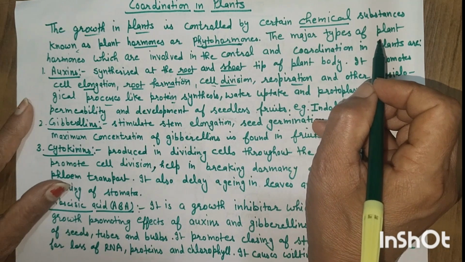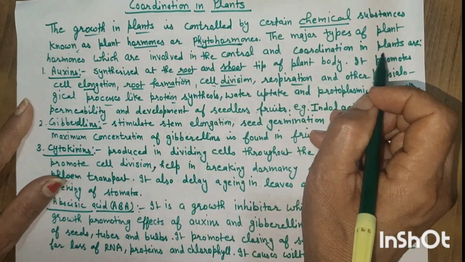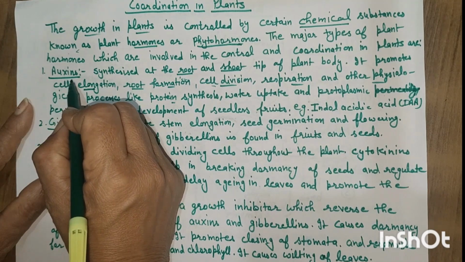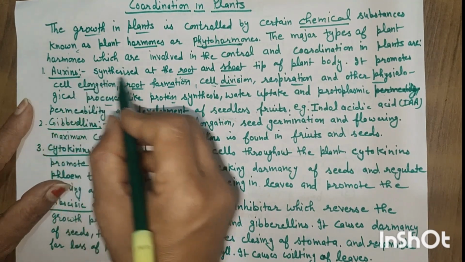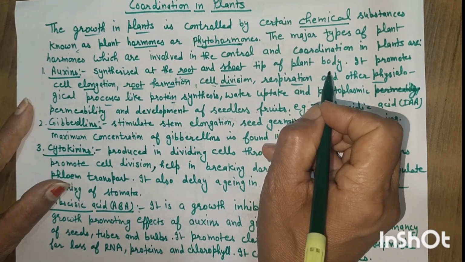The major types of plant hormones which are involved in the control and coordination in plants: first is auxin. Auxin is synthesized at the root and shoot tip of the plant body.